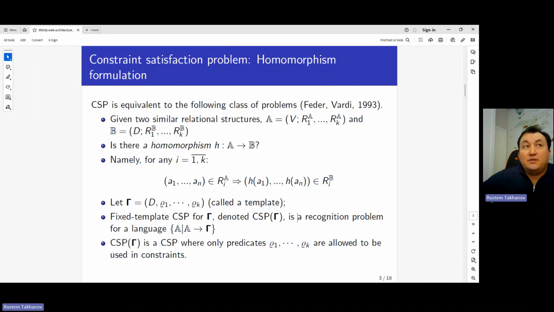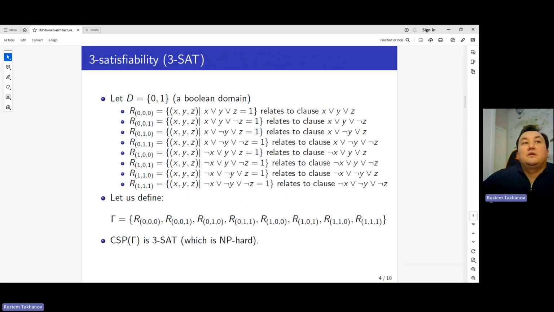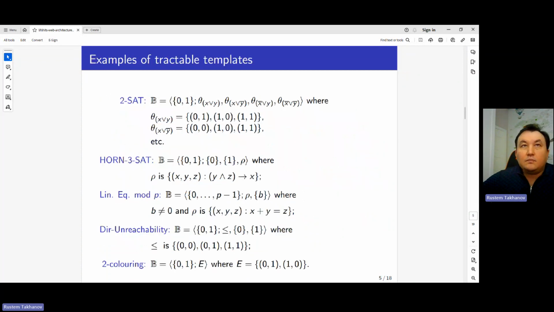Of course, the complexity of that problem depends on the exact template gamma. For some templates gamma, this problem will be NP-hard, like the one given here. It is easy to see that for the Boolean domain D, we can define relations that correspond to different clauses involving three literals, and then CSP of such a template gamma will be equivalent to the 3-satisfiability problem, which is an NP-hard problem.